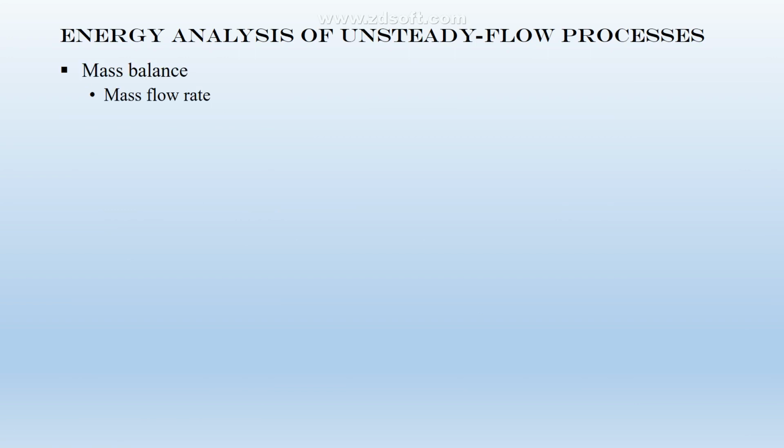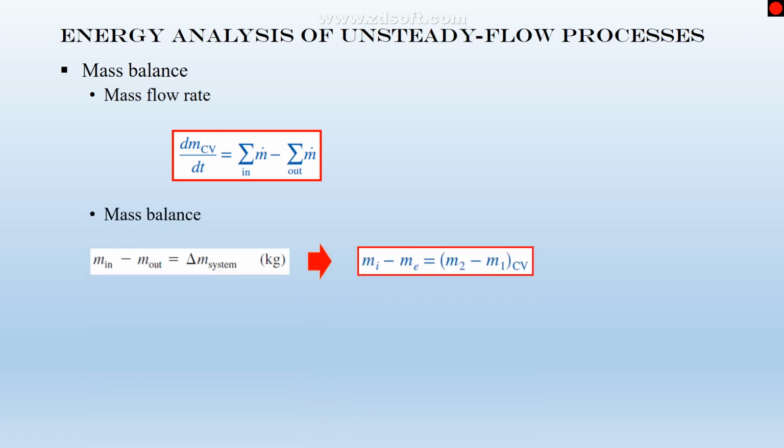Now, to analyze unsteady flow processes, we need to develop new mass and energy balances. The energy and mass balance equations are totally different from those for steady flow processes. For mass flow rate, you can start from the general equation for unsteady state processes. You can write sigma m dot in minus sigma m dot out equals dm control volume over dt. Or you can write the mass balance equation: m in minus m out equals delta m of system.